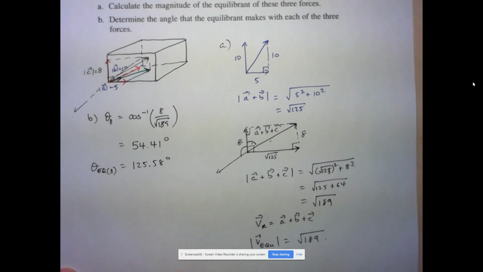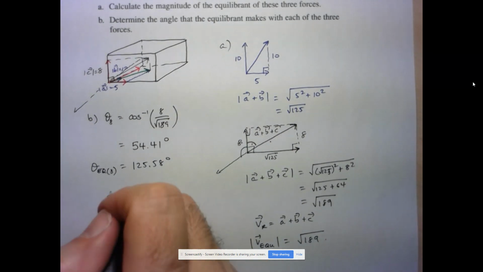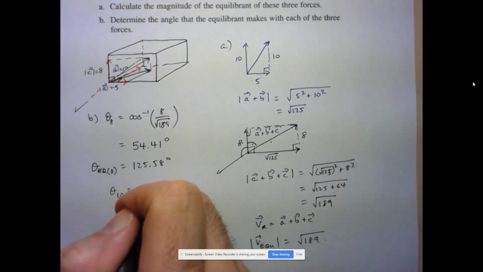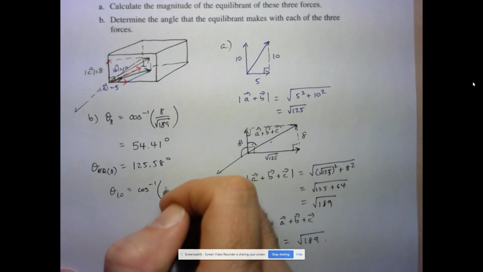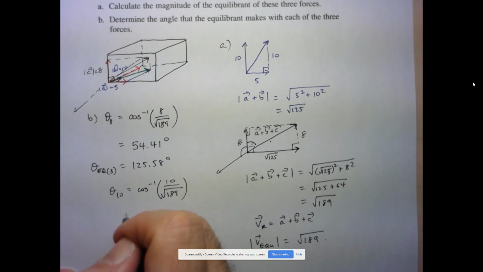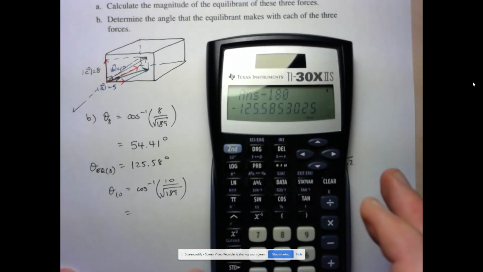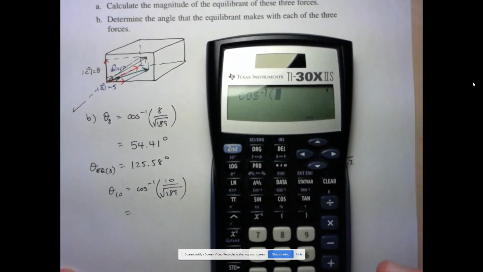Then I'm going to do the exact same thing for the other two angles. For 10, it's just going to be cos inverse of 10 over the square root of 189. Let's calculate that: inverse cos of 10 divided by the square root of 189, and that's going to be 43.33.